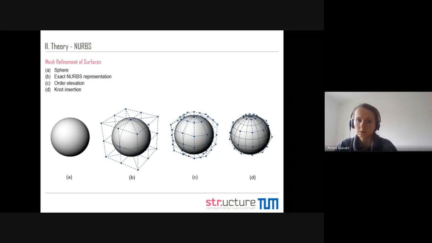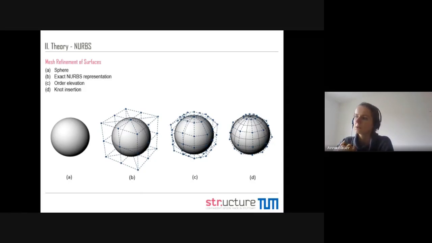Then there is this feature, which is refinement. And the refinement is really nice because it's exact. So you're not changing the shape when refining. So you have in the beginning, for example, this simple sphere with the initial control point net, and then you can do two types of refinement. So the first one is order elevation.